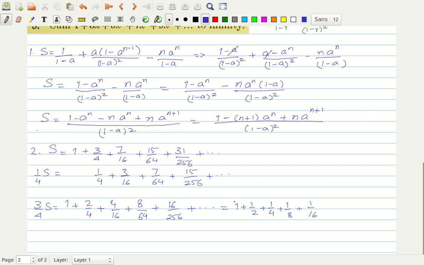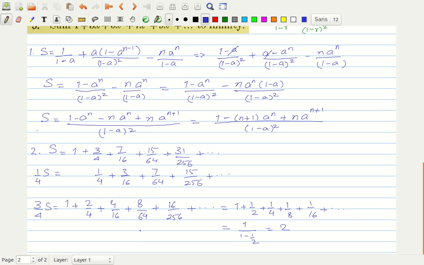So is this a geometric progression? It is 1 times half, half times half is 1 by 4, 1 by 4 times half is 1 by 8, 1 by 8 times half is 1 by 16. So yes, this is a geometric progression. So this sum is equal to 1 divided by 1 minus 1 by 2, which is equal to 2.